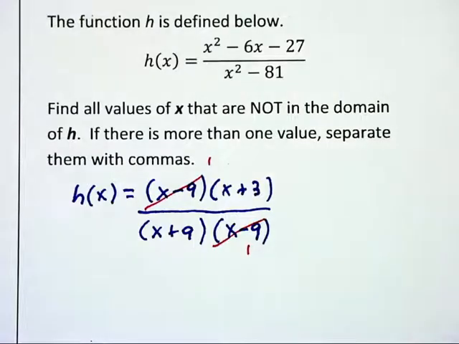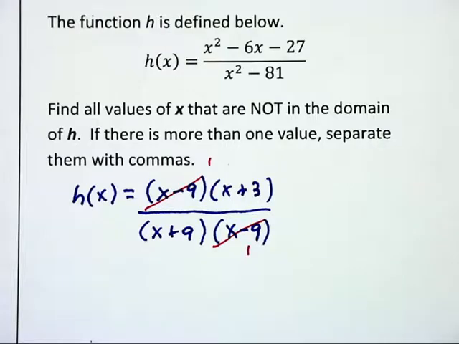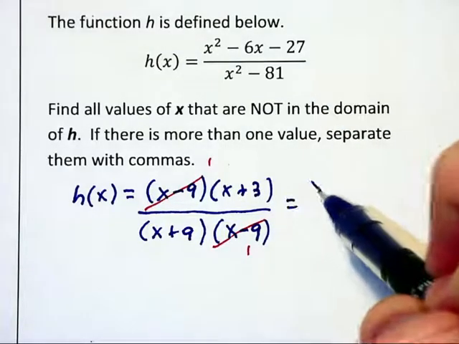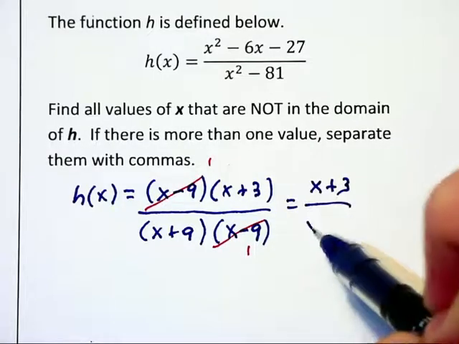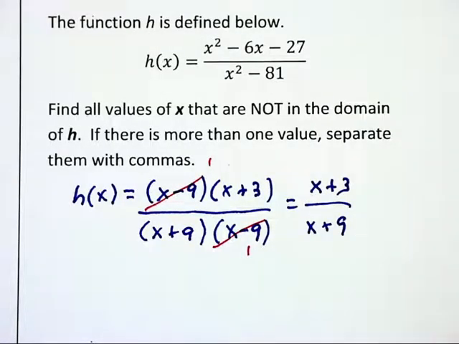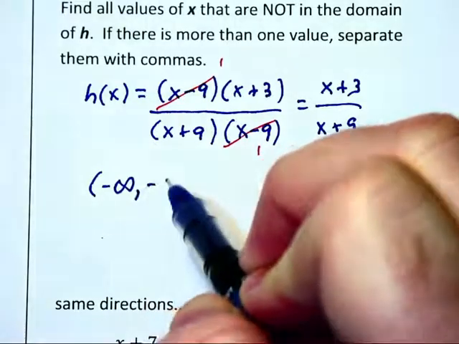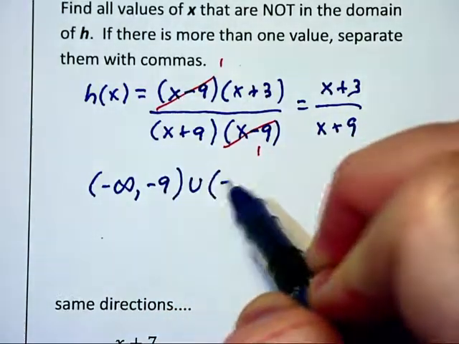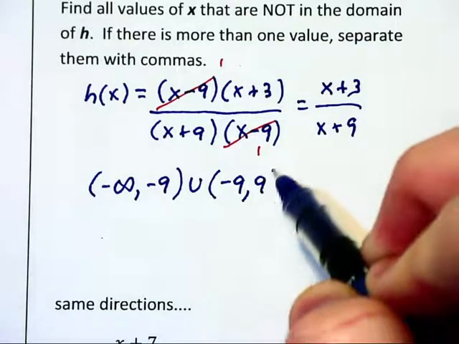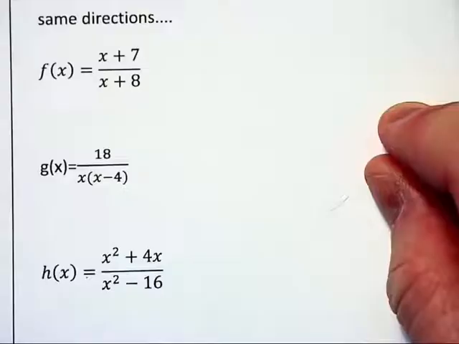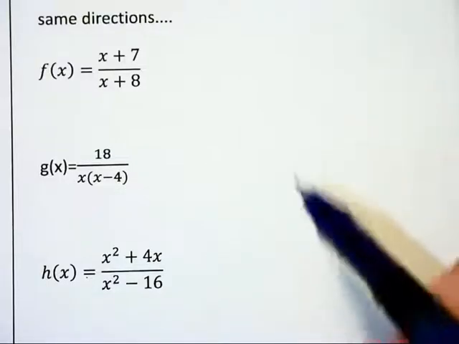However, when we're finding the domain of this rational function, we only look at the original function, not the factored and reduced form over here, x plus 3 over x plus 9. The domain will need to exclude both plus and minus 9, and therefore the domain will be negative infinity up to negative 9, united with the numbers between these two values, then united with the numbers to the right of positive 9. Let's look at the domain of these final problems.